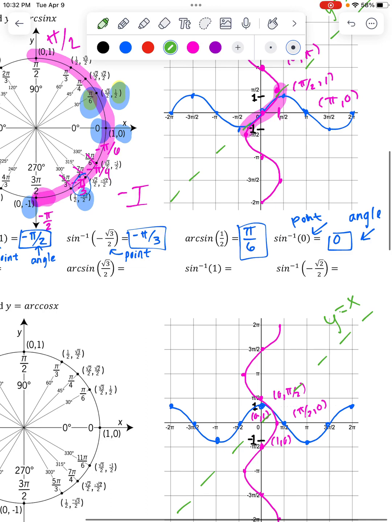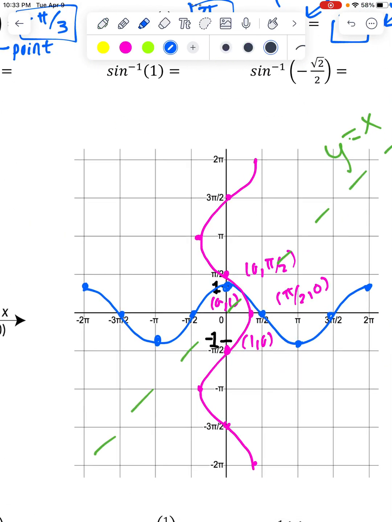Now, I need to restrict my cosine inverse so that it's a function. Right now, it's not a function. If I did the vertical line test on this pink graph, it would not pass it, which means that the x's have more than one y's, so it's not a function.